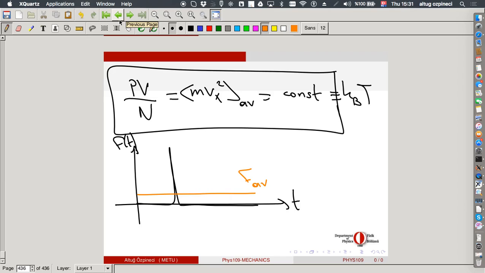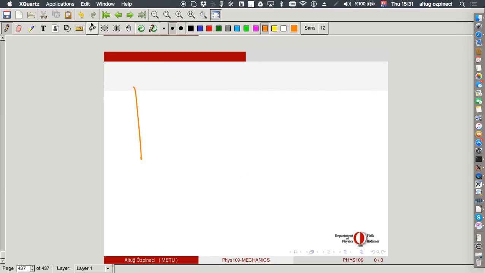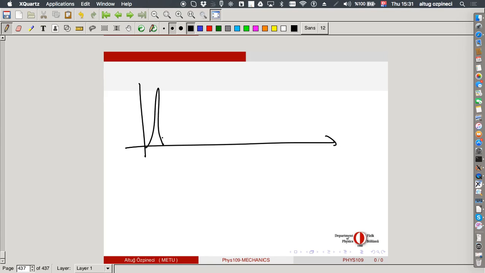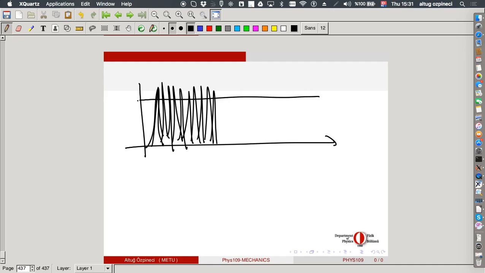So because we don't have just a single molecule, what we actually have, if we had enough sensitivity in our equipment, we would have measured, okay, one collision, the other one, the other one, etc. So they will be oscillating very fast. So what your equipment will measure will be this one.